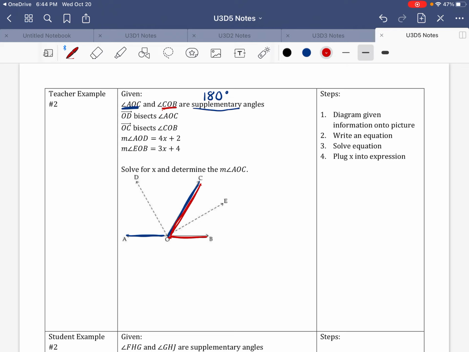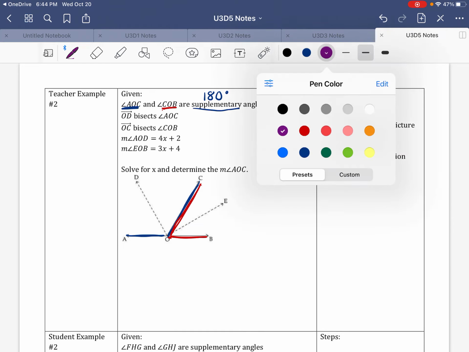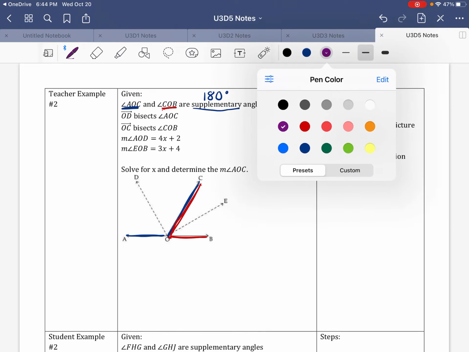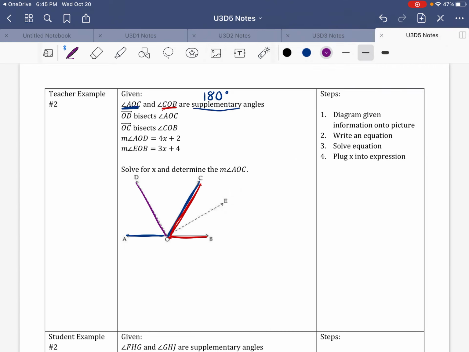And those two angles are going to equal 180 degrees. It also says that OD bisects AOC. So OD is our bisector of AOC, which means this angle is congruent to this angle. So that's what this one is doing. And then lastly, we know OE bisects COB.